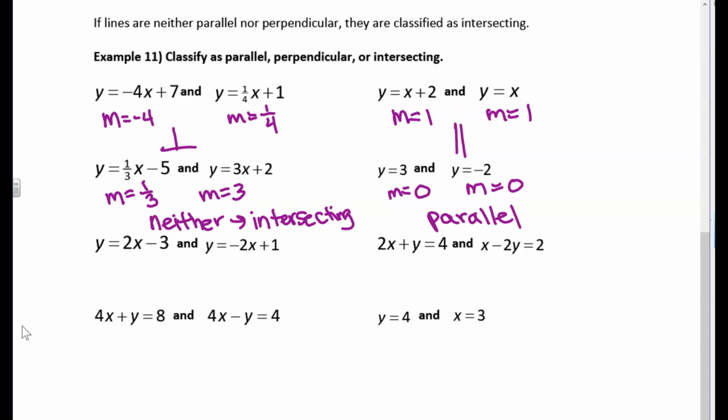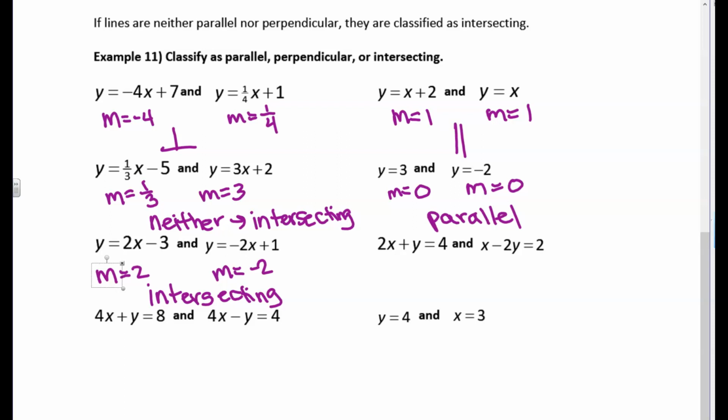On the following one, those are both y equals equations, and y equals equations always have a slope of 0. Because they're both slopes of 0, they must be parallel. Go ahead now and take a look at the next one on your own. Here you have a slope of 2 and a slope of -2. They are negatives of each other, but they're not reciprocals, therefore they're just intersecting.